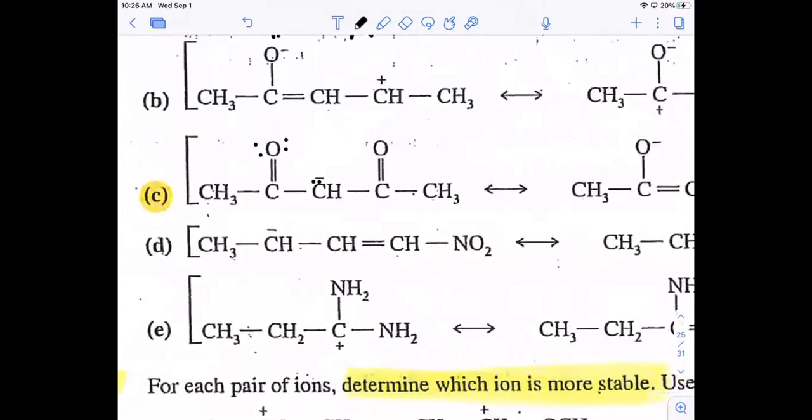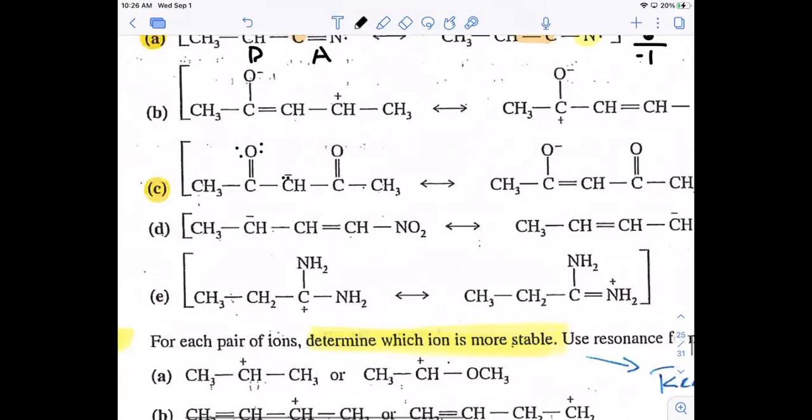So let's apply some logic. What happened, going from left to right? Let me put this through this too.